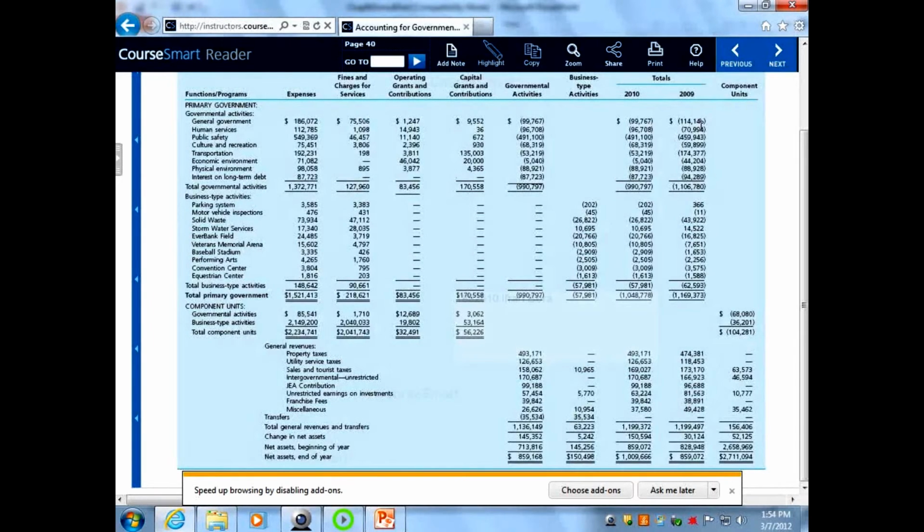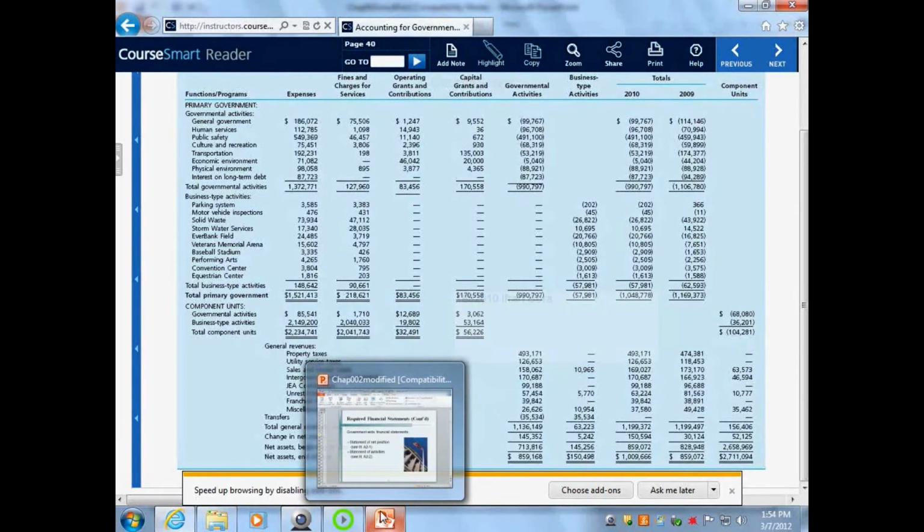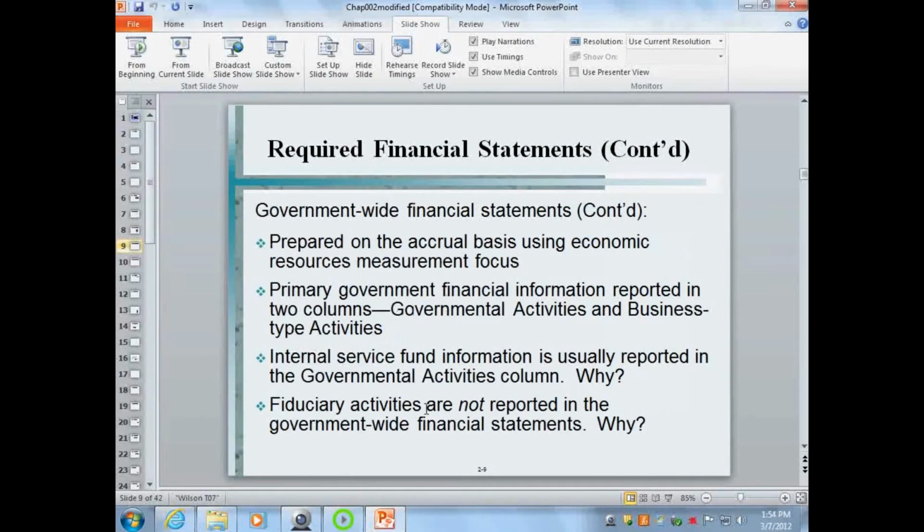Because as I said, this is a little confusing, but now what we're going to do is go in and take a look at the next set of statements.